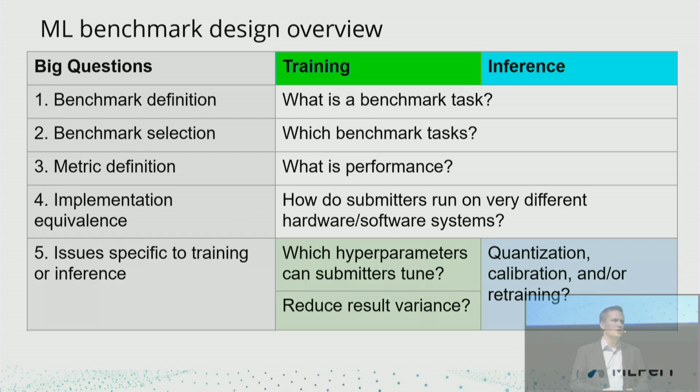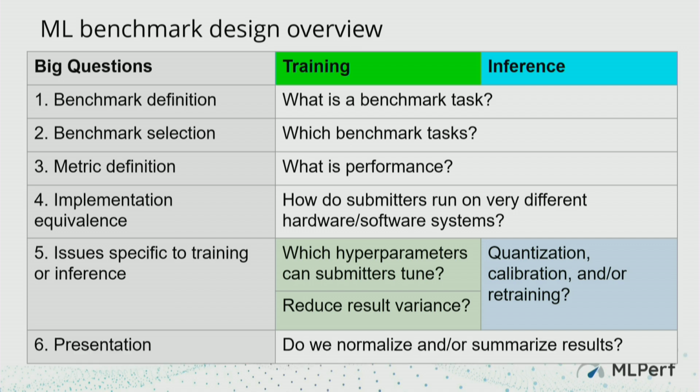Some specific issues for training and inference. In training, which hyperparameters do we allow? How do we handle result variance? In inference, what do we do for quantization or retraining? Lastly, once we get our numbers, how do we present them in a fair and useful way?